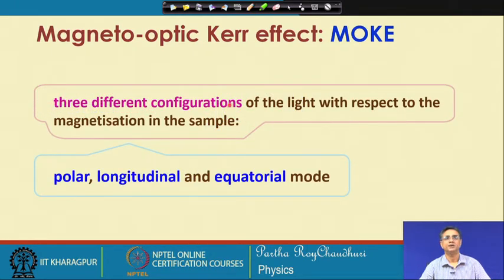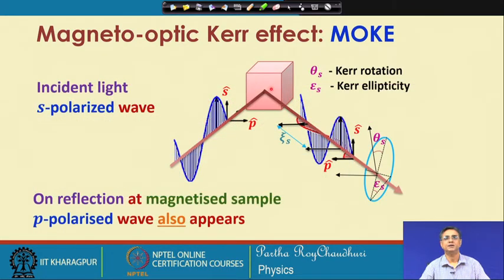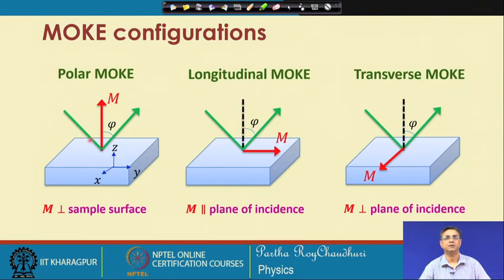Three different configurations of the light with respect to the magnetization in the sample. This tells you that when the light is incident, there could be three possible configurations with respect to the magnetic field. Magnetic field could be along this, along this, or along this. So, you have three possible orientations of the magnetic field.